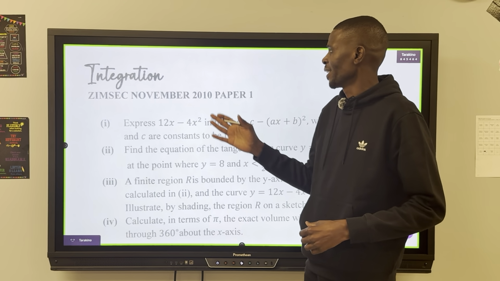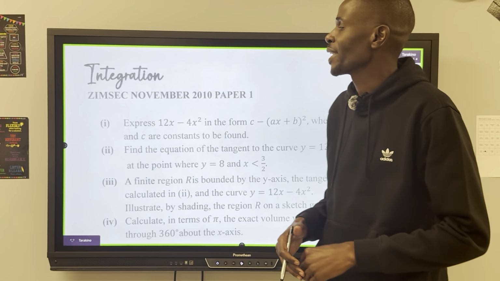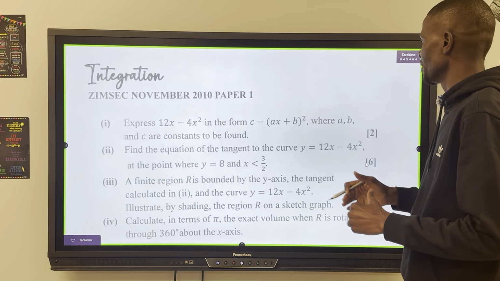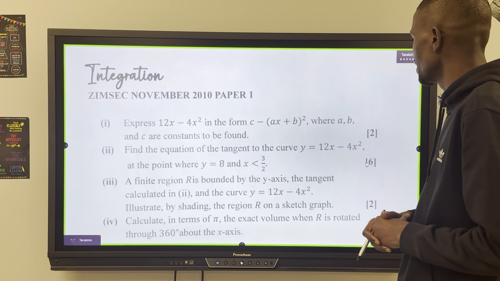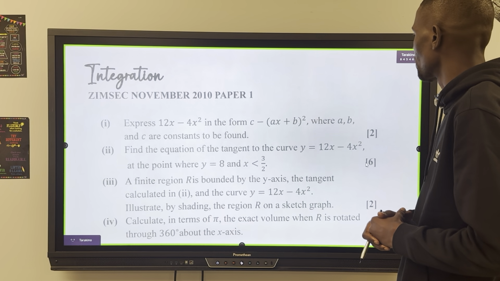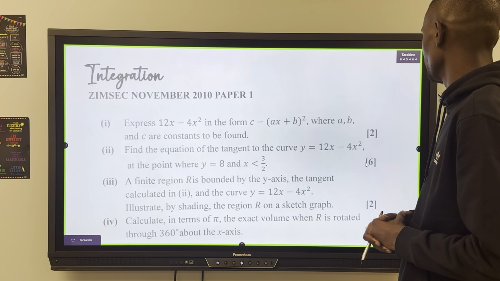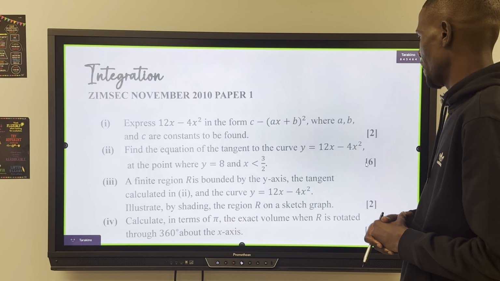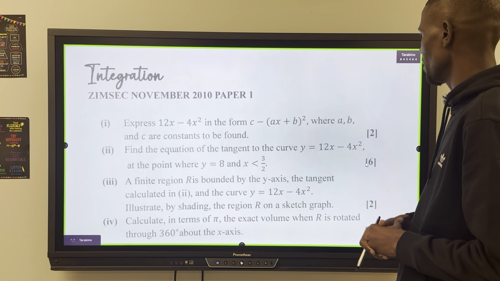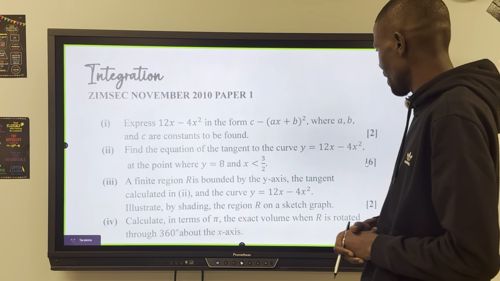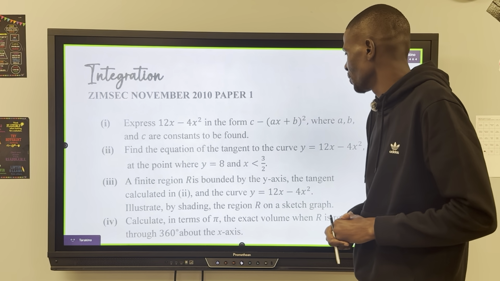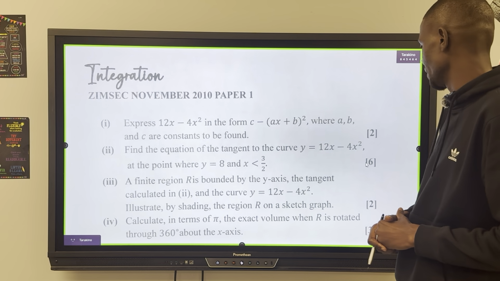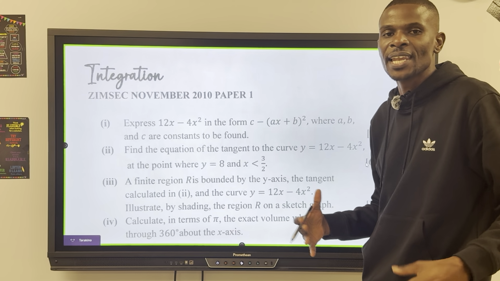Welcome back. Okay, we have a problem on integration, and this problem is summarizing a lot of things. I can see we have completing the square. We are also going to apply some coordinate geometry. There is graph sketching as well as application of integration to calculating areas and volumes. So it's a lot.